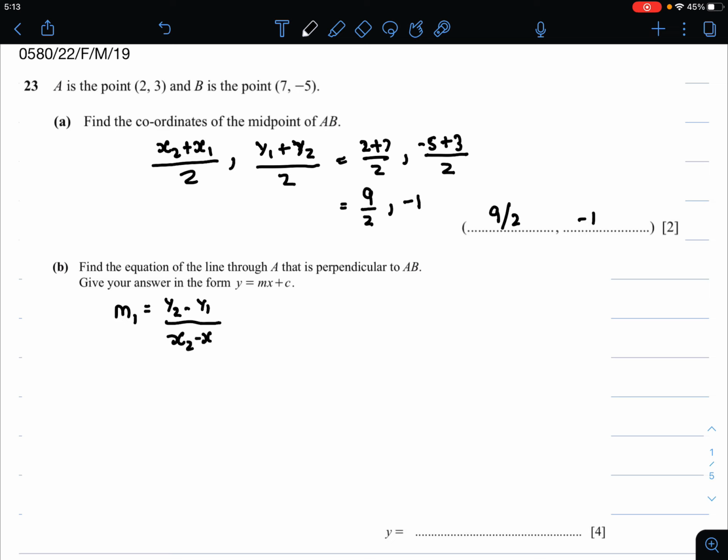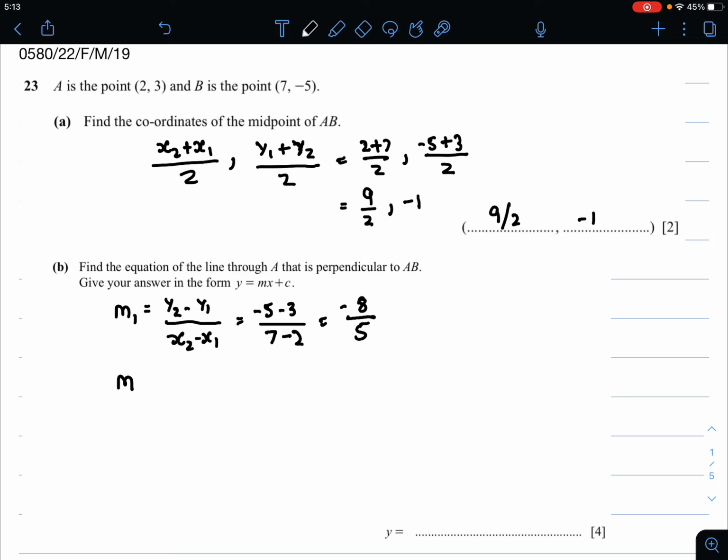minus x1. So your y2 value is minus 5 minus 3, and your x2 value, which is 7, minus your x1 value, which is 2. So you're left with minus 8 divided by 5, which is your gradient.